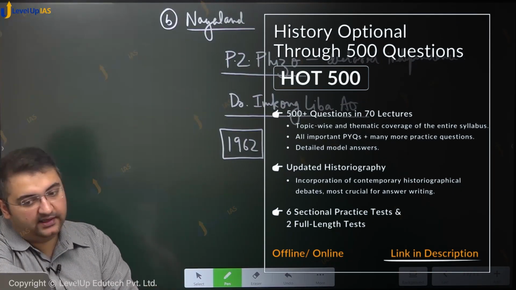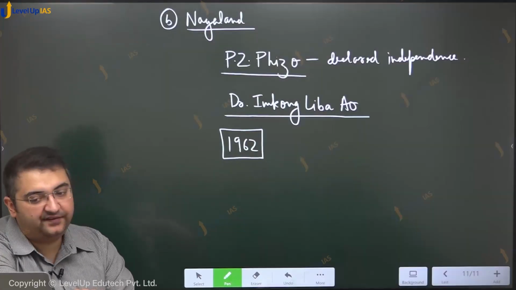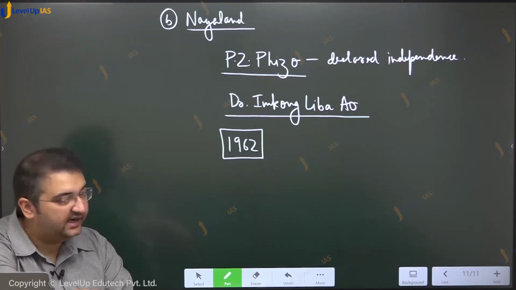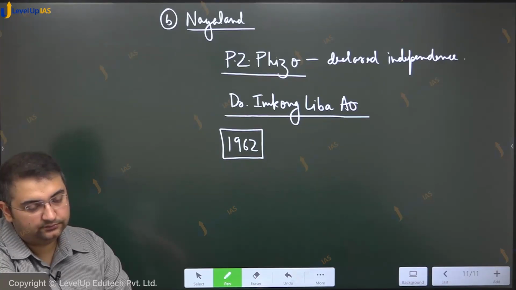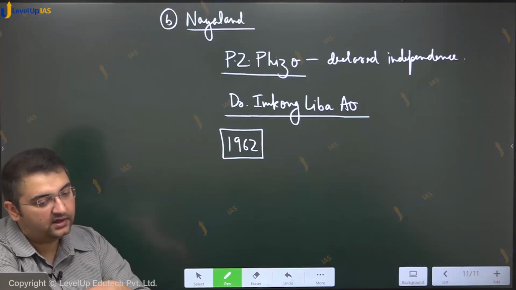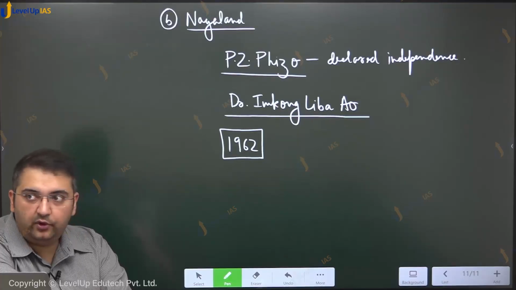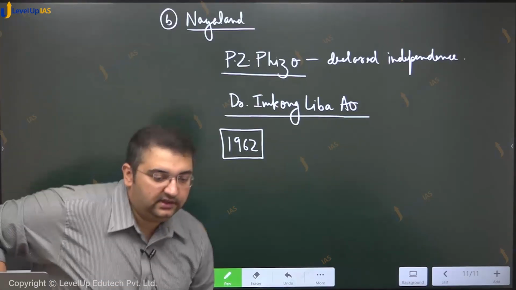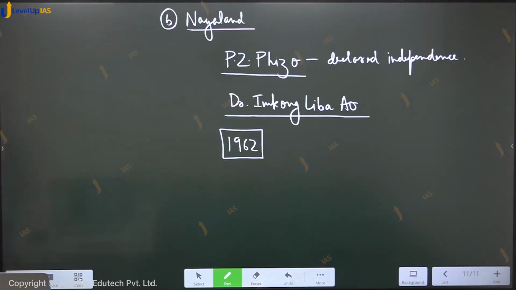In 1955, led by PZ Piso, the Nagas declared independence, and the government had to deploy the army, leading to a prolonged conflict.